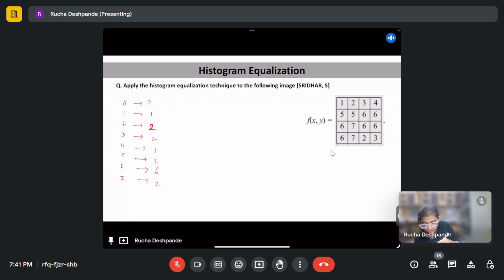Alright, so these are the number of pixels corresponding to each DN value. Now we'll calculate the cumulative pixels. So this will be 0, 1, 3, 5, 6, and 16. Then we divide everything by 16 and then multiply by 7.